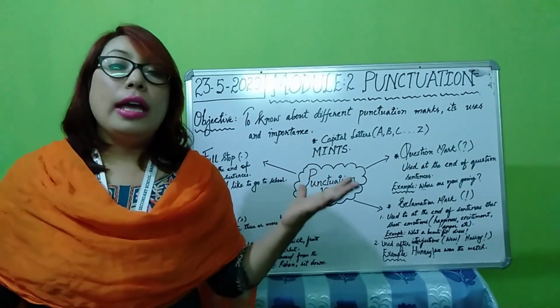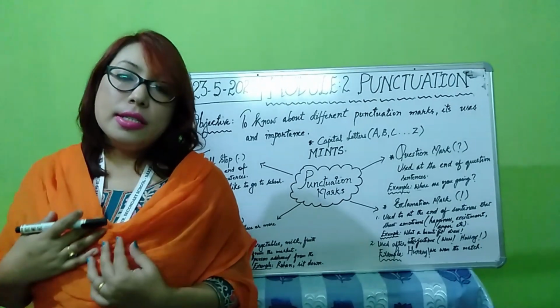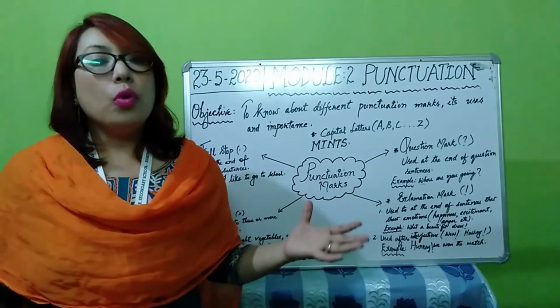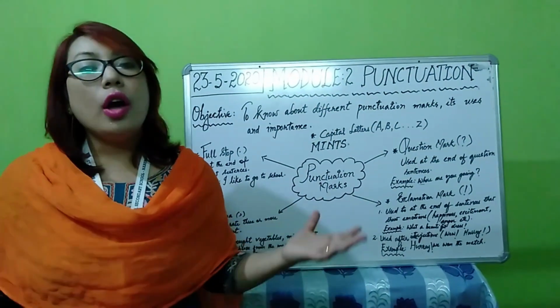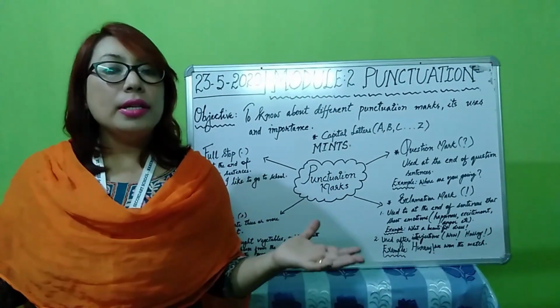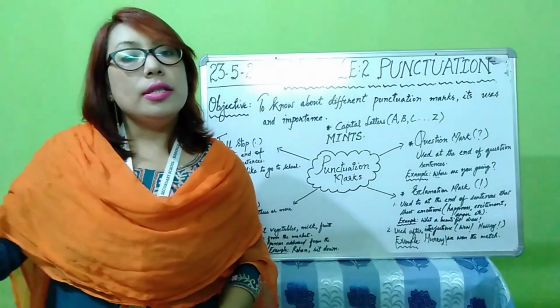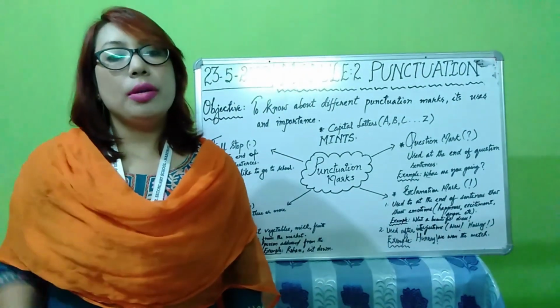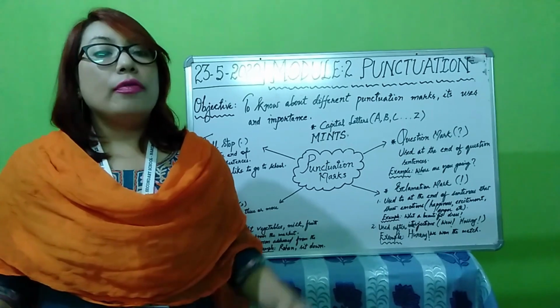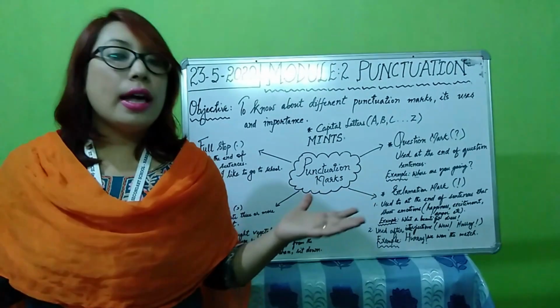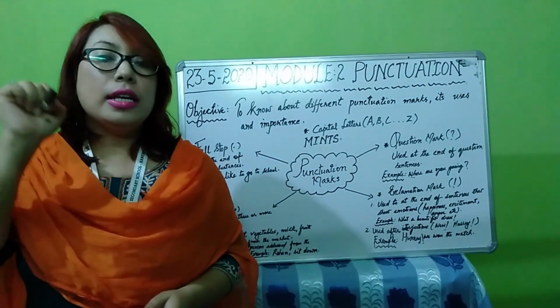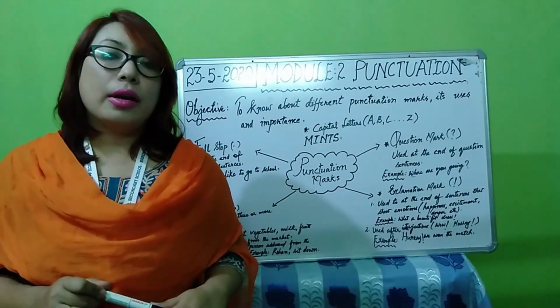What are exclamatory sentences? Sentences that show sudden emotion. It may be an emotion of happiness, sadness, joy, excitement, surprise. So at the end of those sentences we give an exclamation mark. And also after using an interjection like wow, hooray, alas, we give an exclamation mark, right?